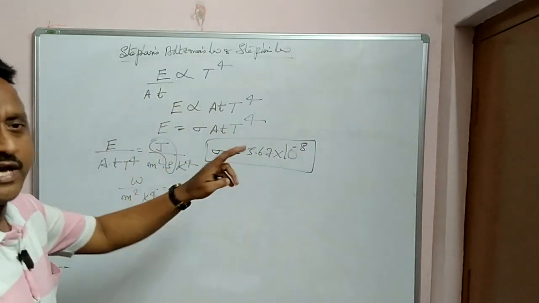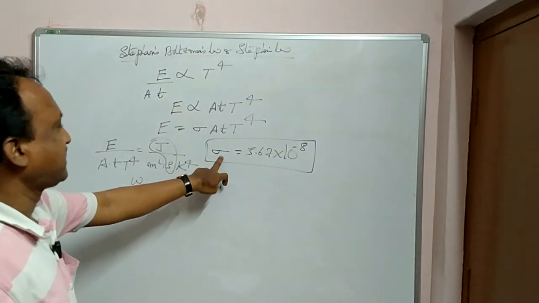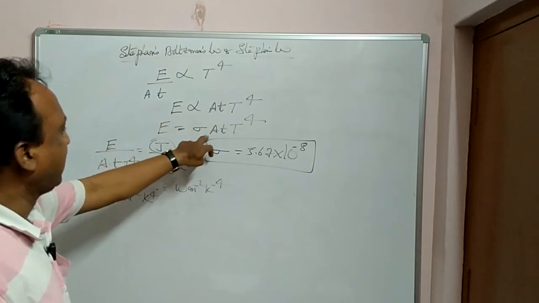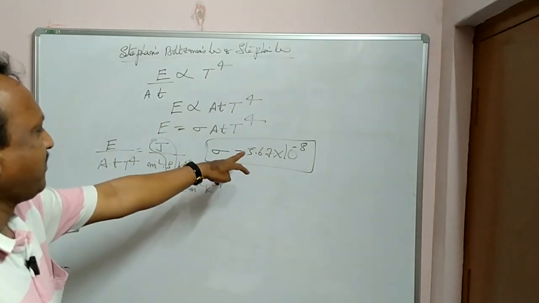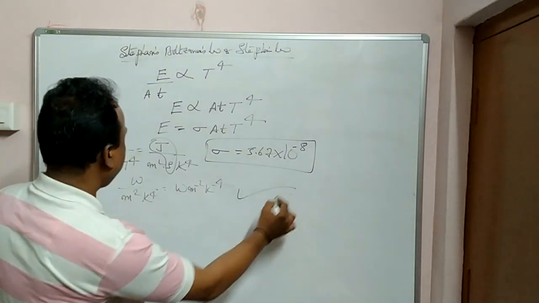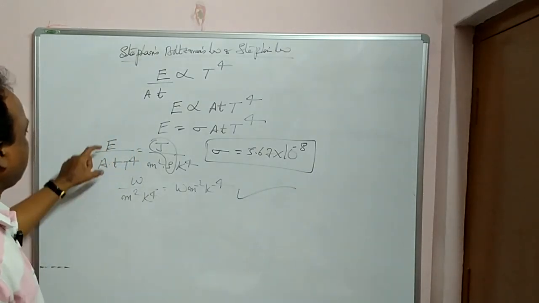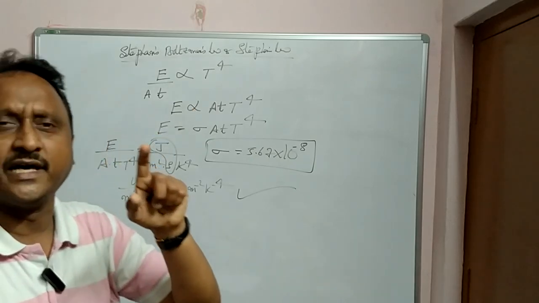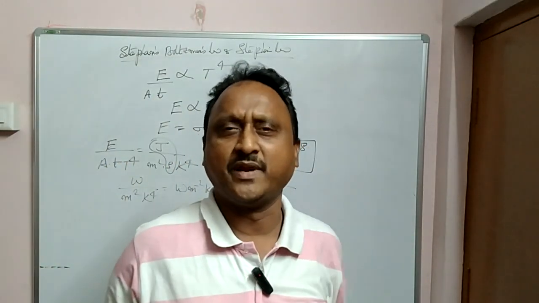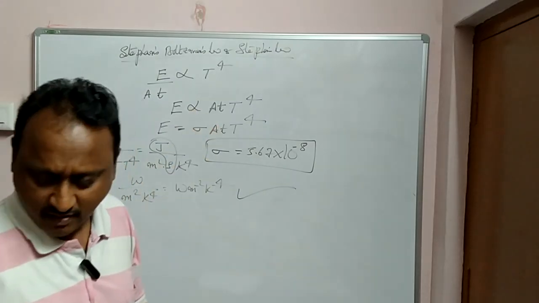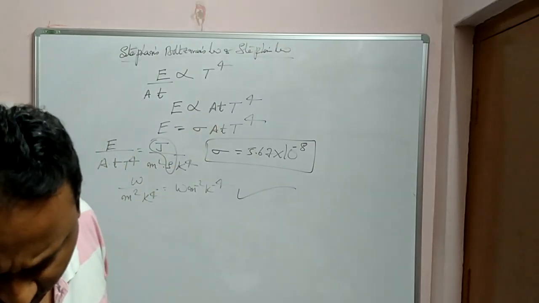Sigma is called Stephen's constant. It is got by putting all these values, 5.67 into 10 power minus 8. Energy emitted per unit area, unit time, is directly proportional to the fourth power of absolute temperature. So that is Stephen's law or Stephens-Boltzmann's law.